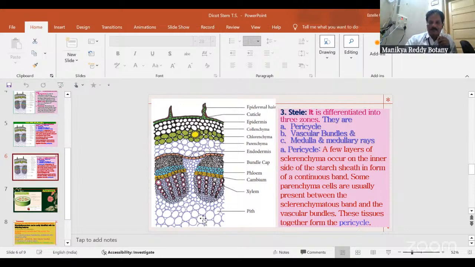Since water plants need to float in the water, they should be light in weight. They have to maintain buoyancy and float on the surface of the water body. That's why the pith is disintegrated, forming a cavity. That cavity is called pith cavity or medullary cavity.